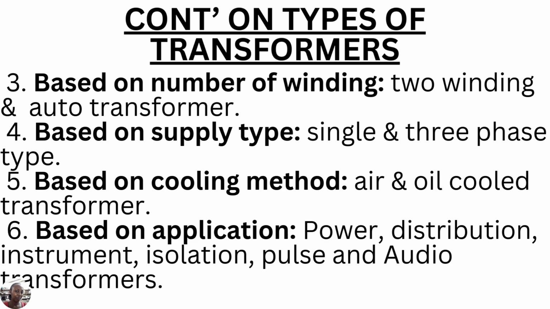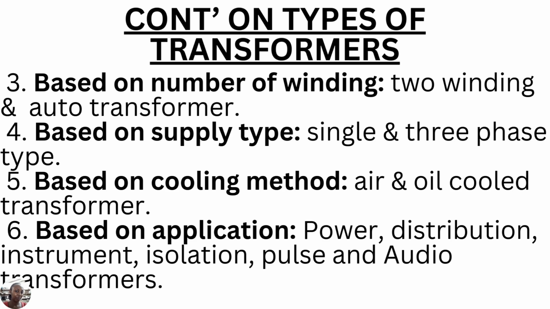Continuation on the types of transformers. Number 3 is based on the number of windings. Here we have 2-winding and auto transformer. Number 4, based on supply type. Here we have single and three-phase transformer.